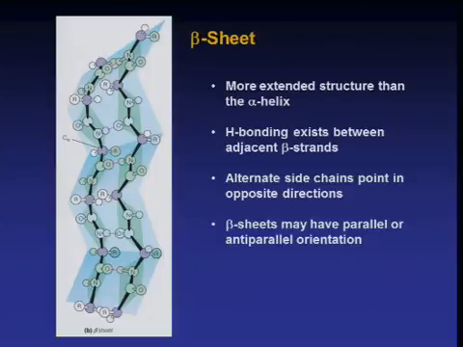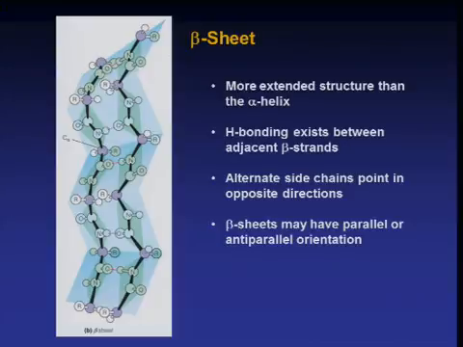Here is another one, right? Those are not two different polypeptide chains. It's the same polypeptide chain, which is going in one direction and then turns around and nuzzles up to itself, right? It's a more extended structure than the alpha helix. You'll see that or appreciate that better in a minute.